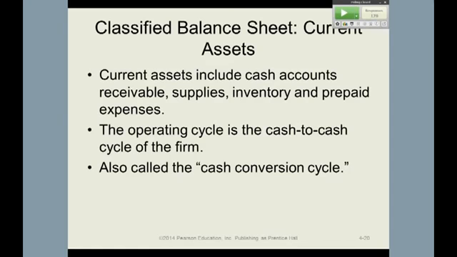Then the inventory is the next most liquid. And then, of course, you've got prepaid expenses. It's not easy to sell a prepaid expense because if you prepay rent, unless you could sublease that, you can't really sell it. If you prepaid insurance, that's your policy, you can't really sell it. So we list them in the order of liquidity.